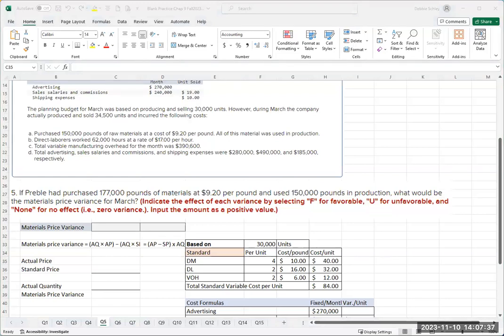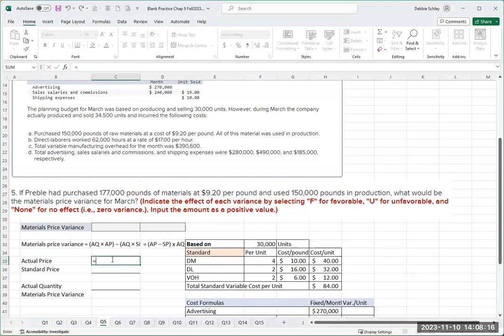Question 5, materials price variance. Oh, now I see why. Okay, so this one for question 5, we will take into account the purchase, right? Because it's the price variance, how much we spent.